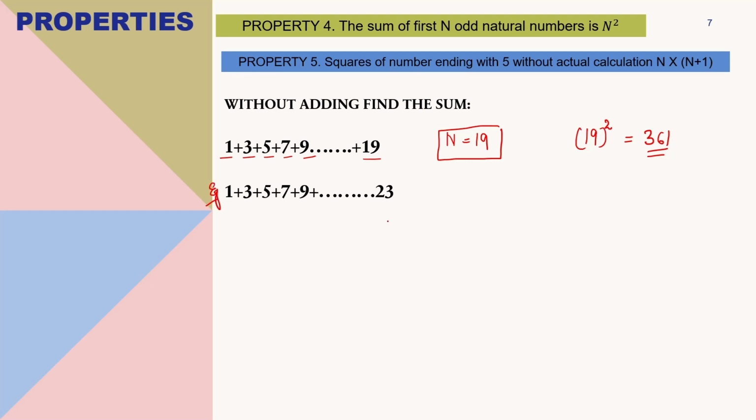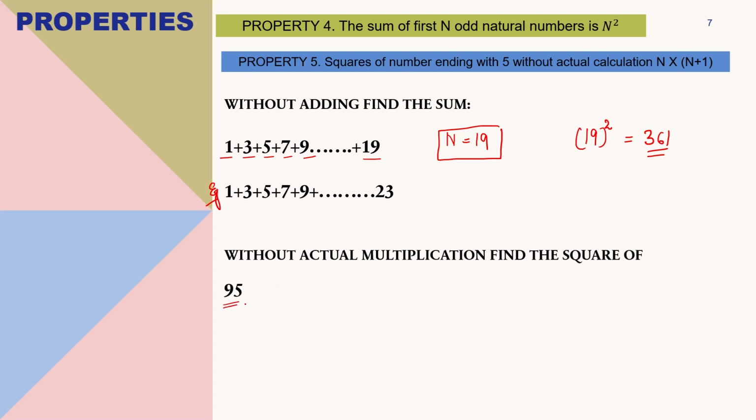Moving to property number 5, find out the square of a number which is ending with 5. So here is a number 95 which is ending with 5.